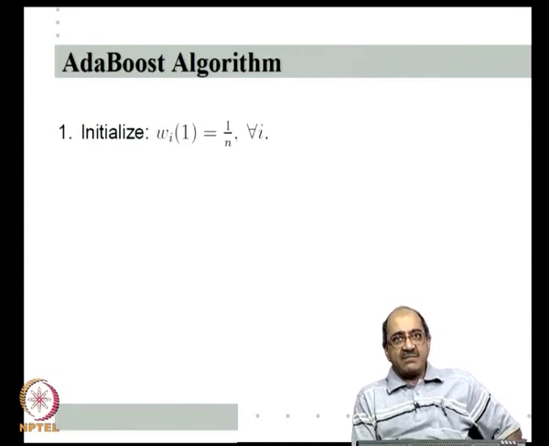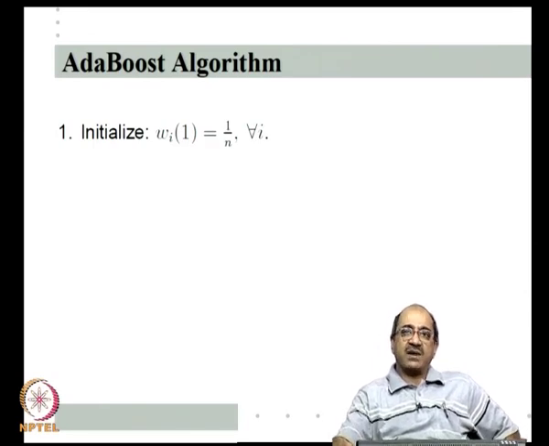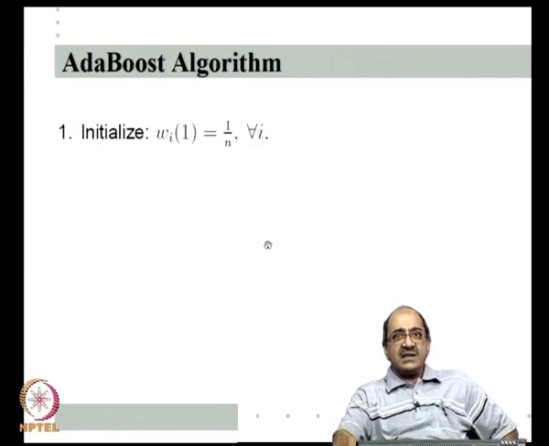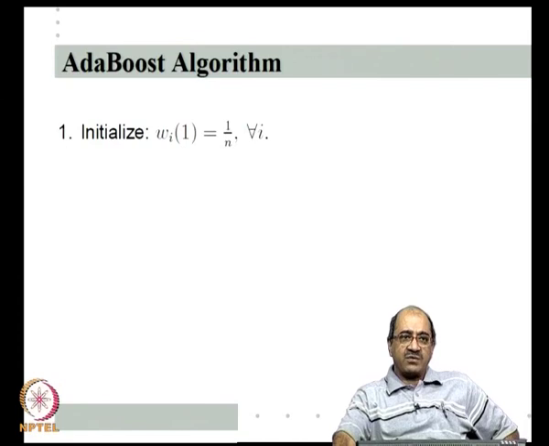At each time the sample is independently chosen, and the probability of an (x_i, y_i) coming into my training set is given by w_i, the weight at that time, w_i of m, with iteration m. So, essentially the examples with higher weights are more likely to come, and of course, this is because I am using w_i as a probability distribution and sampling IID.